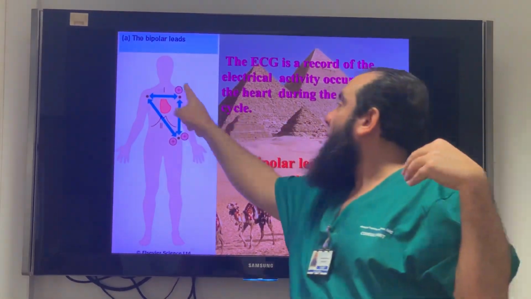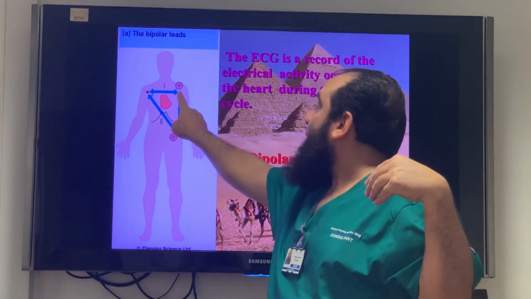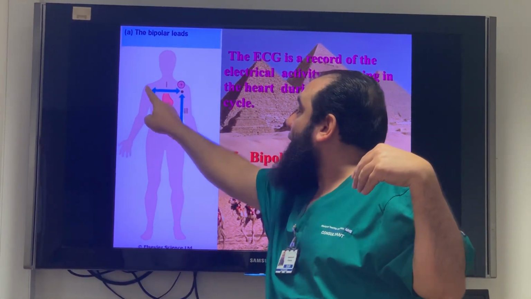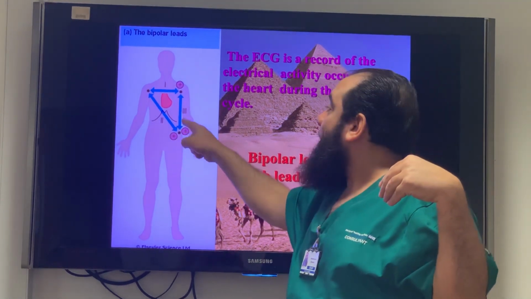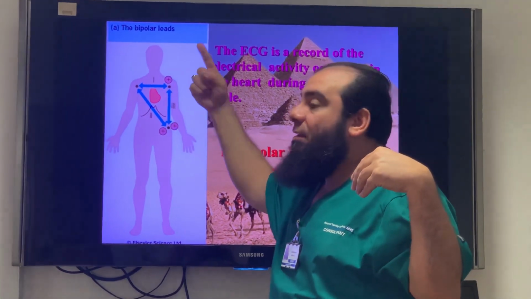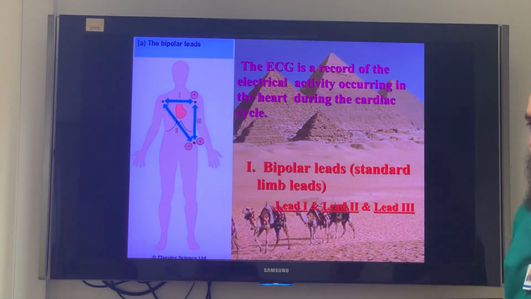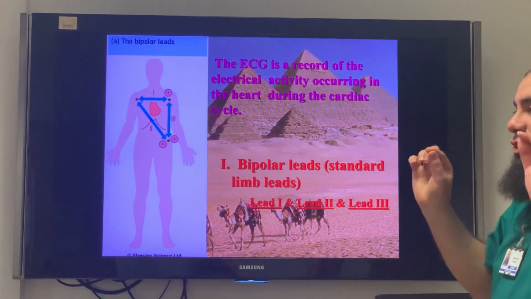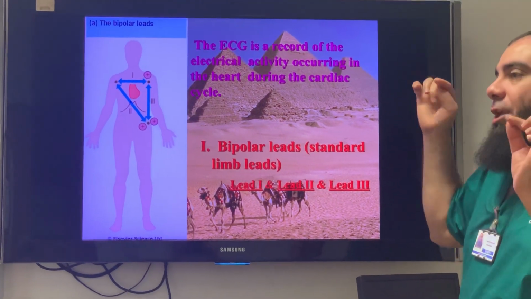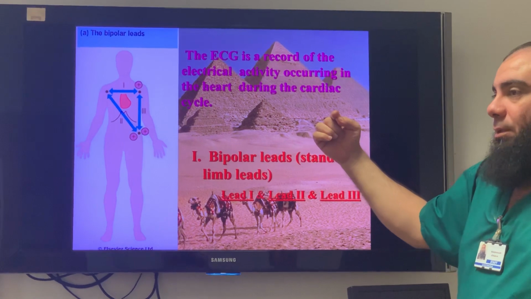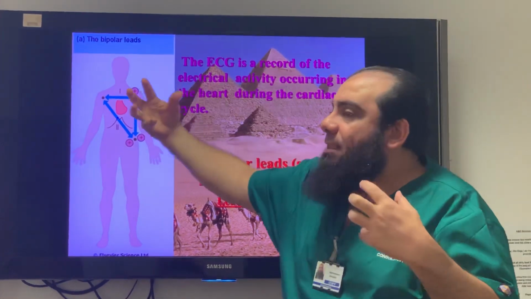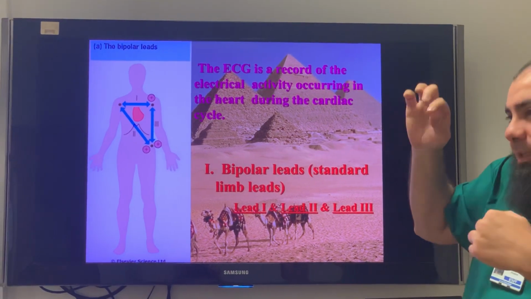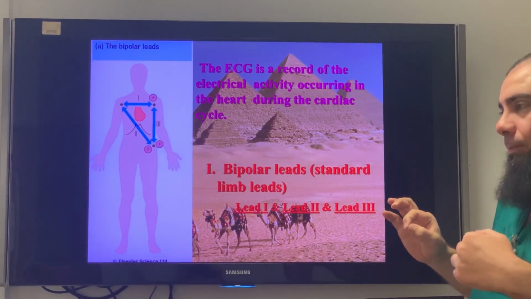Usually in lead 1, positive here, negative there. In lead 2, negative here, positive down there. And in lead 3, again negative relative to the positivity here. So it assesses the potential difference in ECG between these 2 points, which gives us a view of the heart. I'll show how it gives that view in another picture, and you'll understand this point more deeply. Okay?